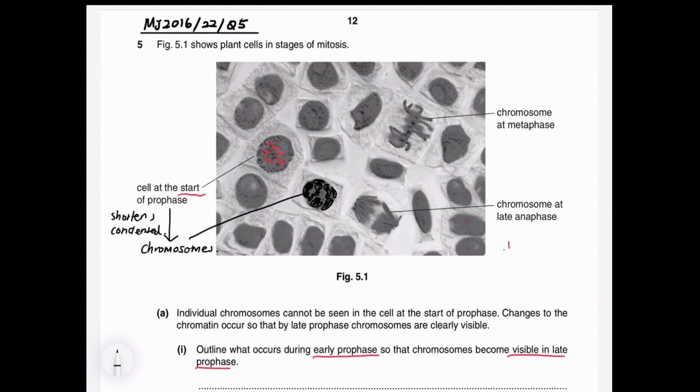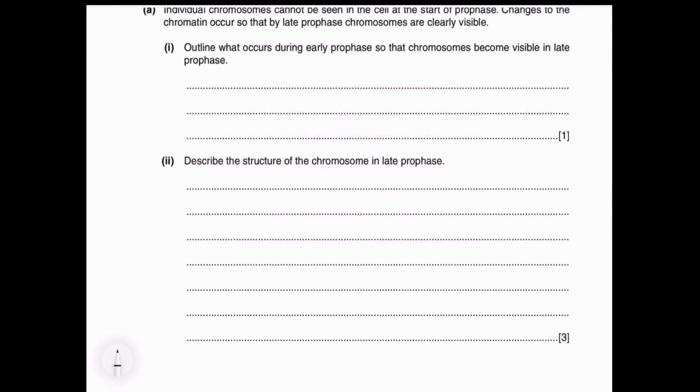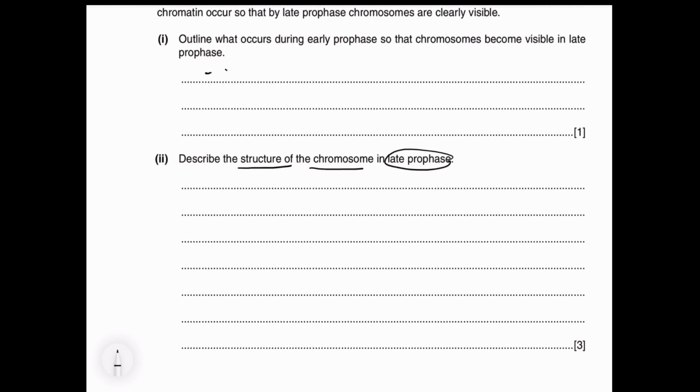With this, the chromosome becomes visible under light microscope. For the next question, how would you describe the structure of chromosome in late prophase? We know that the chromosomes are already in a condensed form. So that will be the answer for part 1.